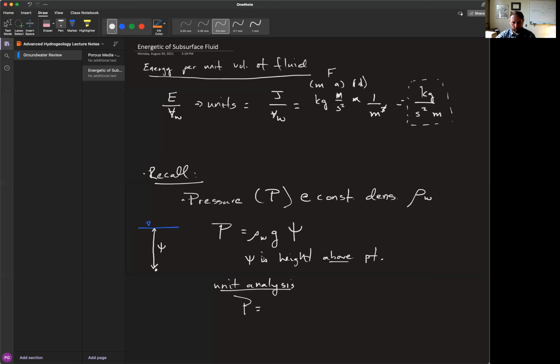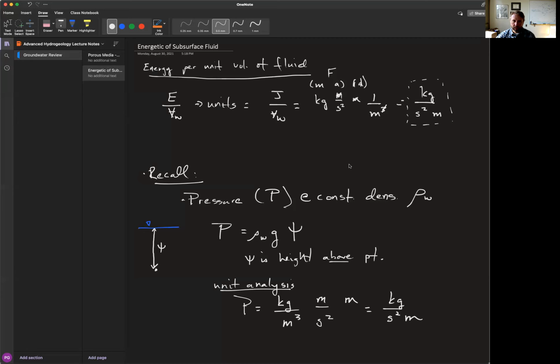P, well, density is mass kilograms per volume meters cubed. Gravity is acceleration, so that's meters per second squared. And psi is a distance in meters. So we cancel this out. We're going to get kilograms per second squared meter.